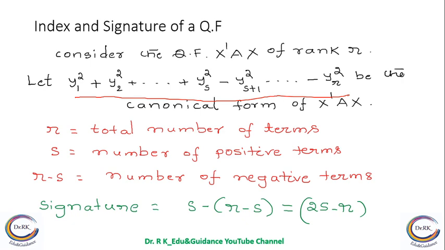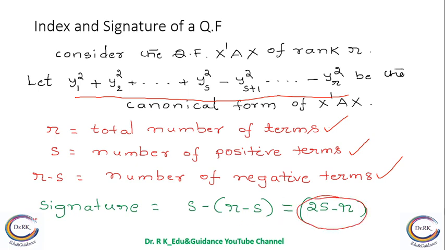So the total number of terms is r, and the number of positive terms in the canonical form, generally denoted by s, is nothing but the index. Then r minus s is the number of negative terms. The difference between the number of positive terms and negative terms, that is s minus (r minus s), gives 2s minus r.